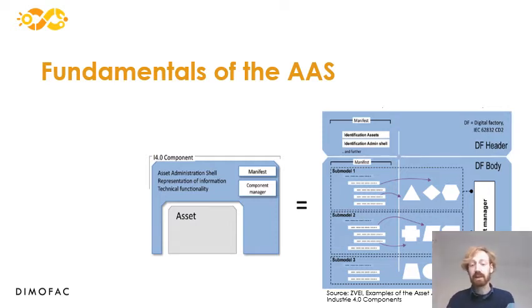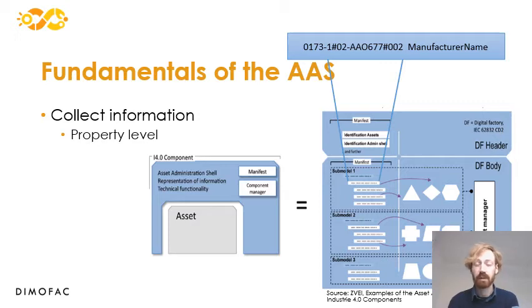And on the right-hand side, you see the contents of the administration shell, consisting of various submodels in the body. The submodels here are important because that is where the standardization happens. First of all, on the level of individual properties.